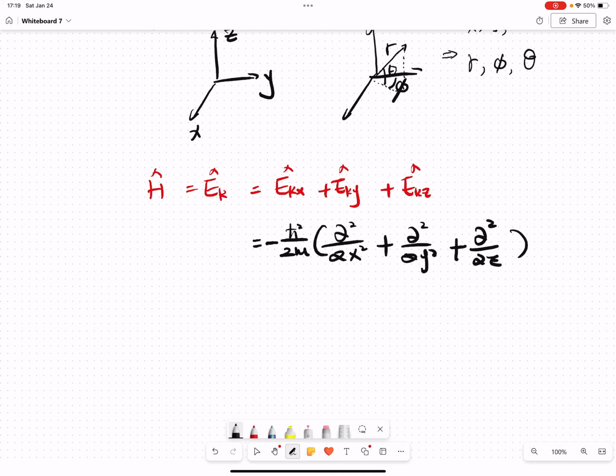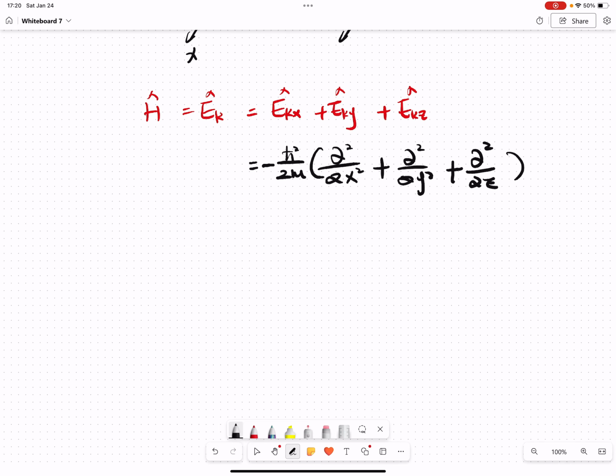That's the expression. And we want to convert this into spherical coordinates.